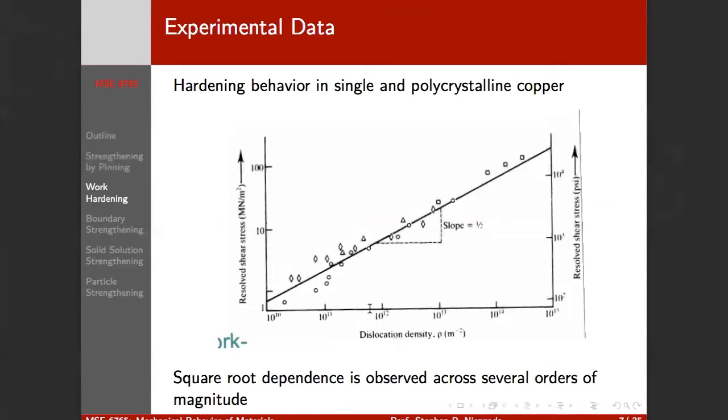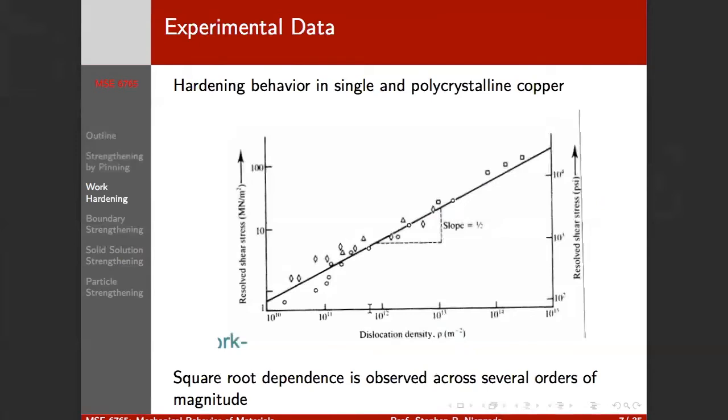And so this square root behavior with different dislocation densities is observed over a really huge order of magnitude of defect population change, right? So here, I mean, this is super low, 10 to the 10th, right? This is like the most carefully grown single crystal ever, right?